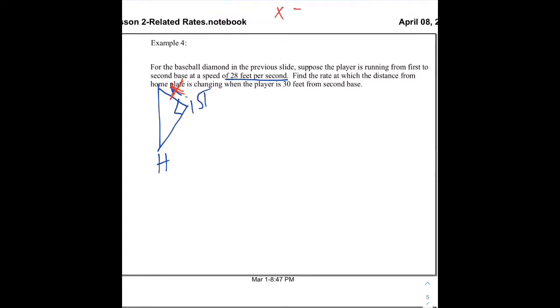I'm going to define x to be wherever the player is located, and this will be important for a latter part of the problem. This is going to be the player's distance from first base. That means 28 feet per second is a dx/dt. That is a rate of change of the player over time.